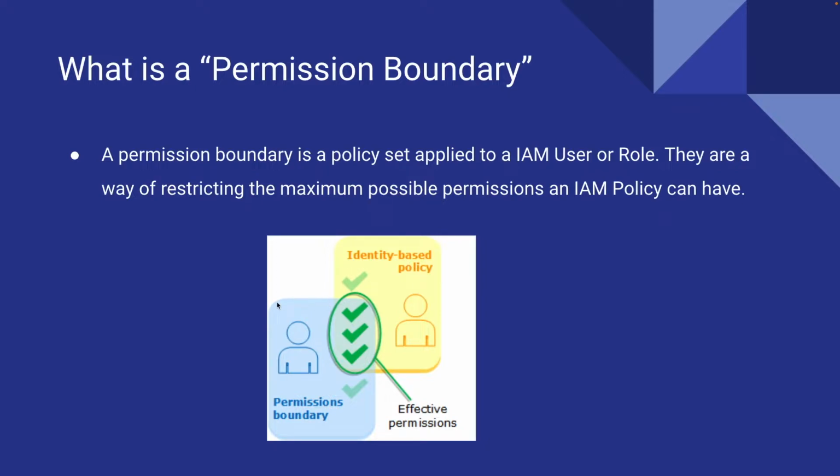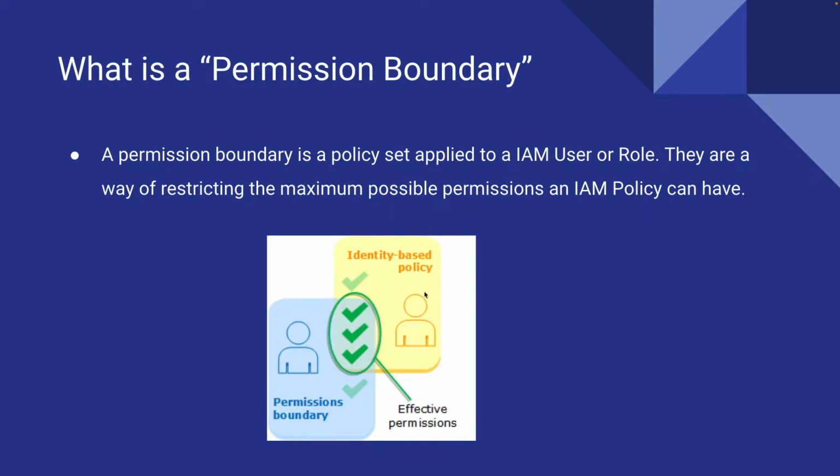So whatever permissions are set in the permission boundary is the maximum permissions that the user can actually have within their identity-based policy. We can see here that we have 3 permissions that match up between the identity-based policy and the permission boundary. Therefore, that is the permission that the user will have.